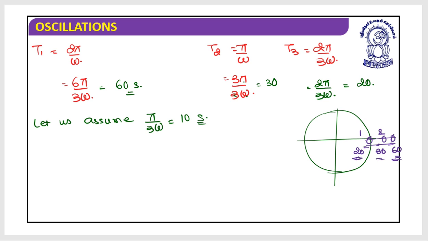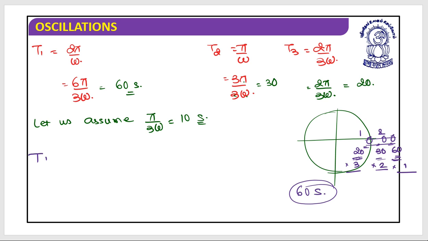When will this occur? If you observe this, let's take the case of 60 seconds. What will be the situation? This particle has completed 3 revolutions, this particle has completed 2 revolutions, while this particle has completed 1 revolution, but they would all be at the same position at the time of 60 seconds.